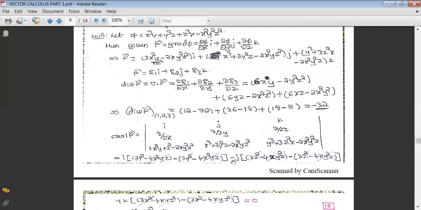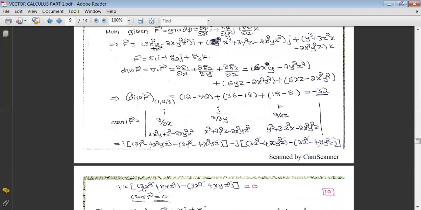In the same fashion, minus j, if we evaluate this determinant, we are going to get this. The 3y square will get cancelled with this minus 3y square, and this will get cancelled in the same fashion. This will get cancelled with this, and finally we are going to get 0.